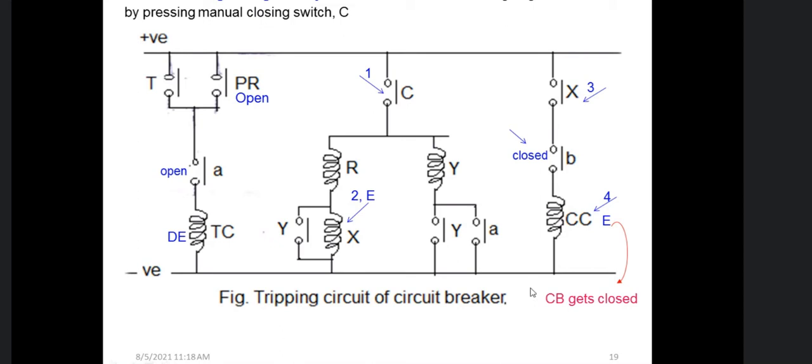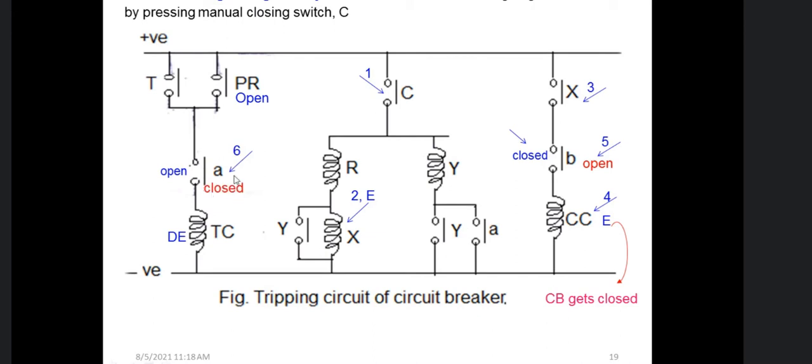So if the closing coil is energized, the circuit breaker gets closed. After the closing operation is done, B will be automatically open, because of the interlocking. A and B are complementary in nature, so if B is open, A should be closed.